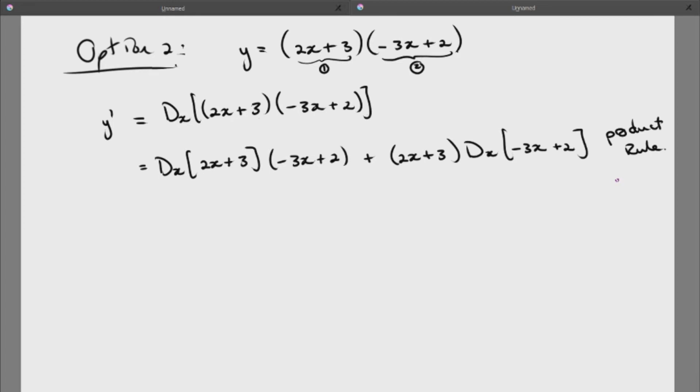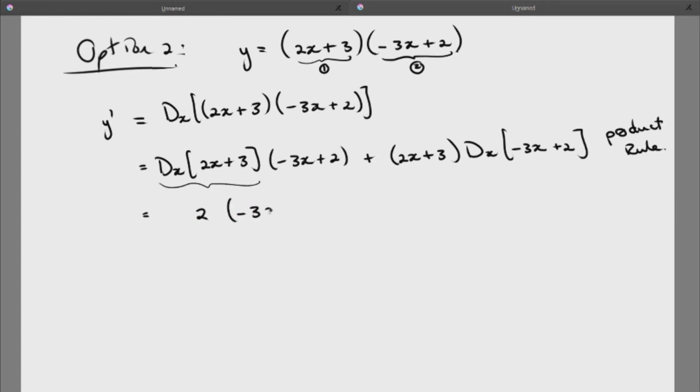Okay. Now let's do this derivative in one go and simplify it at the same time. What do I get? Two.